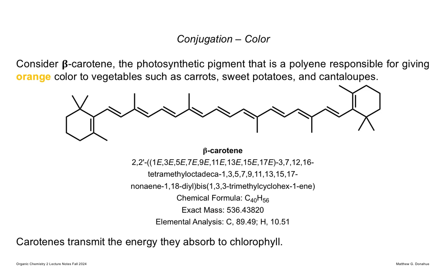So here's beta carotene. And this gives the orange color to vegetables like carrots, sweet potatoes, and cantaloupe. You can see just by that enzyme cyclizing the terminal carbons to make these rings, now you have a different molecule, has a different color.